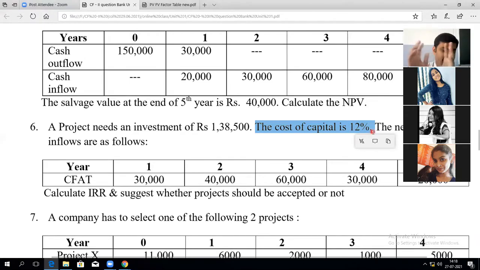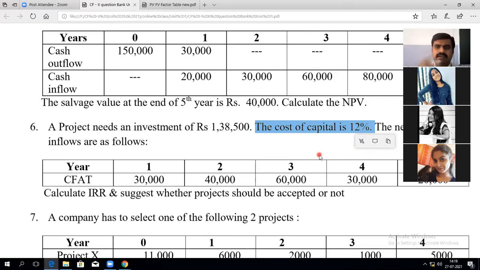I forgot to write that. Write down in your notes, for question number 6, conclusion: Since the IRR is lesser than the cost of capital, in the bracket, the IRR we got is 9.94%.